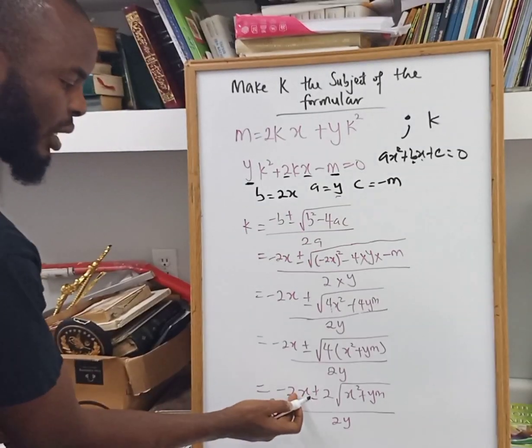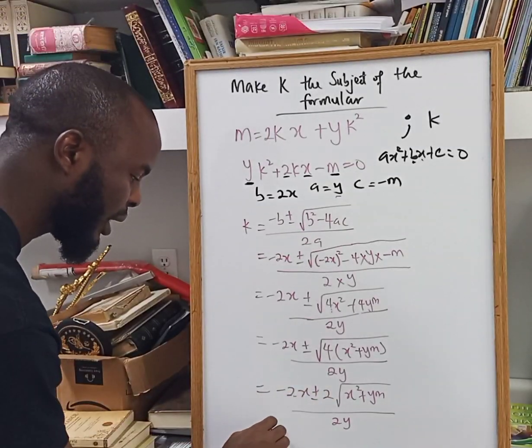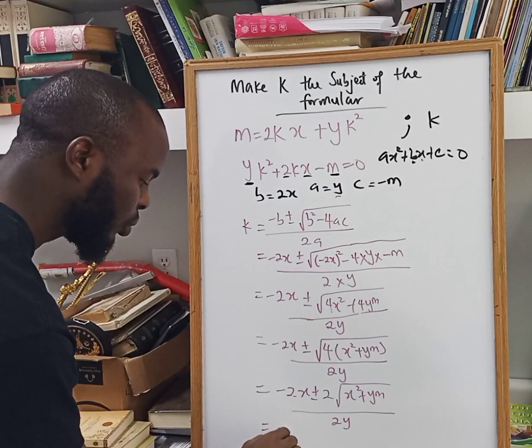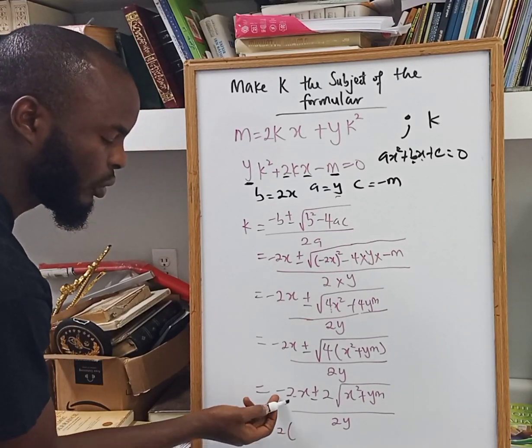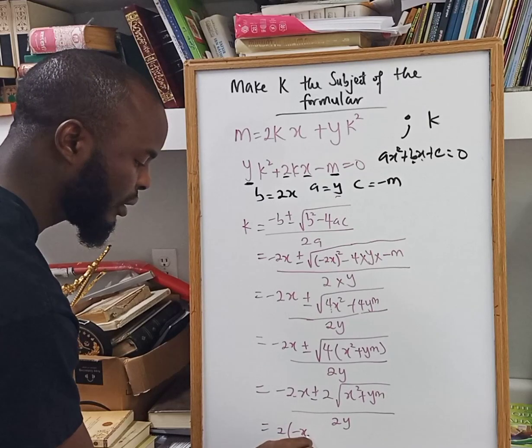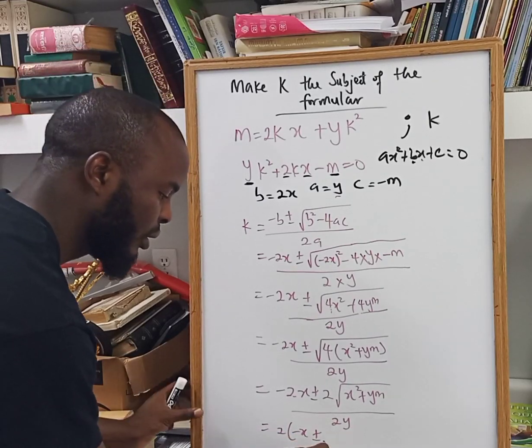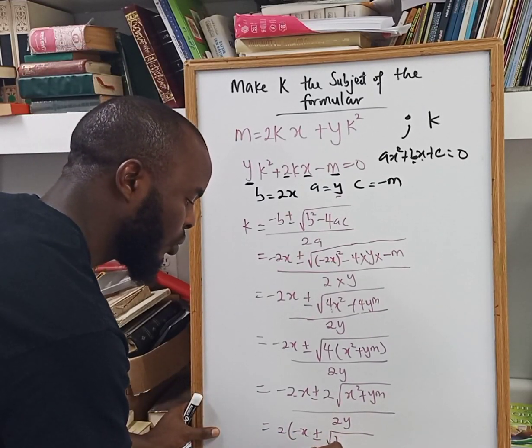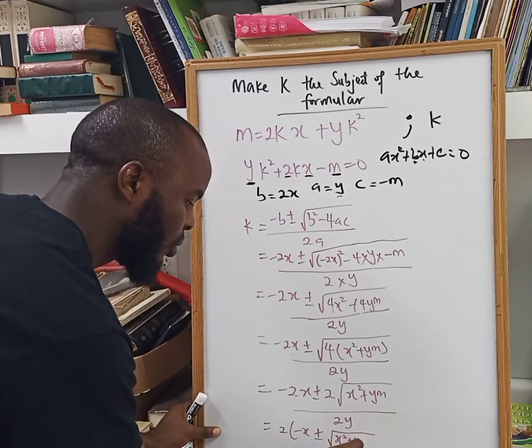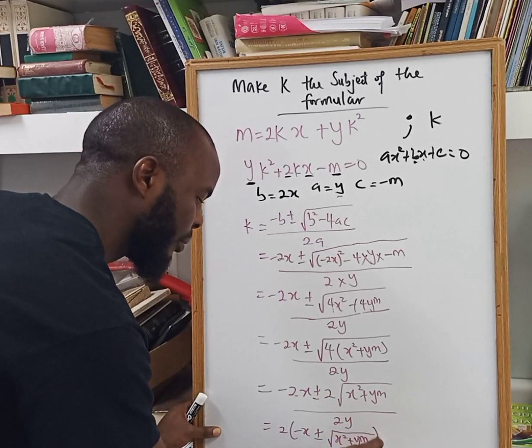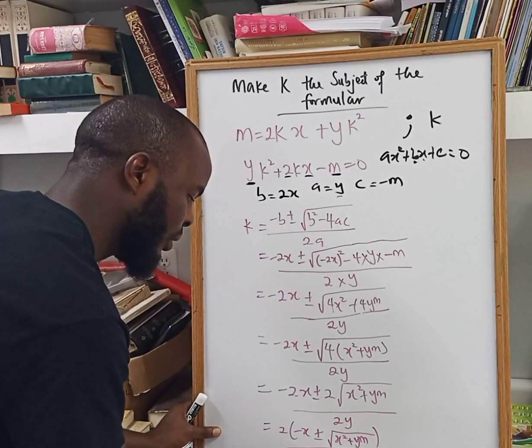From here, we can factor out 2, which is common to both sides. You're going to be left with negative x plus or minus root x squared plus ym over 2.